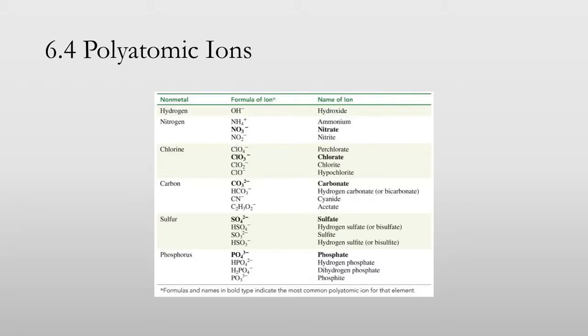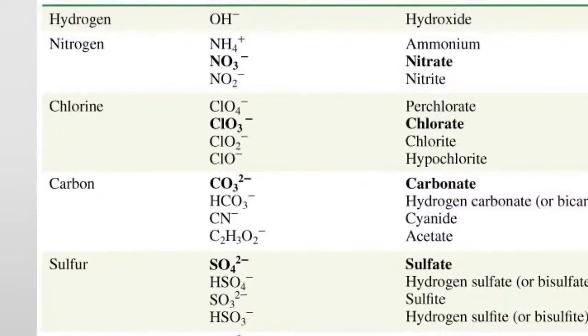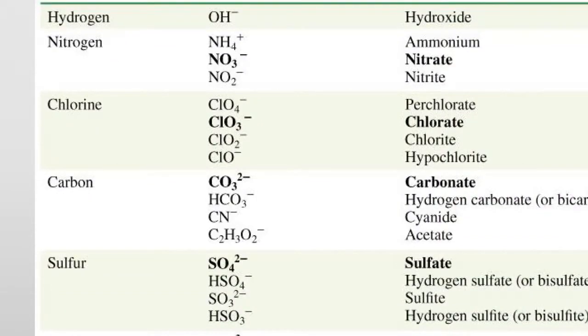So HO minus is one of the most important ions there. That's the hydroxide ion. If I was to write it, it would be HO minus, because the negative charge is on an oxygen atom.